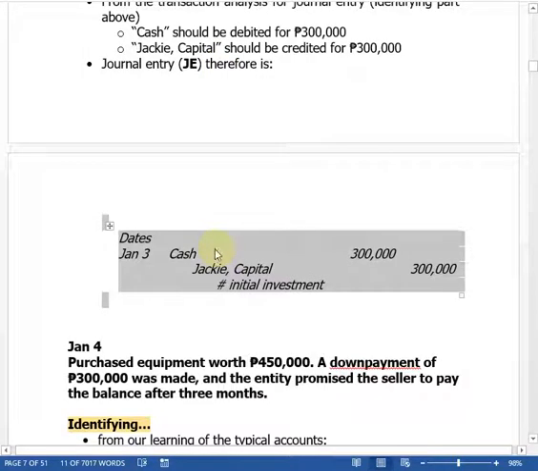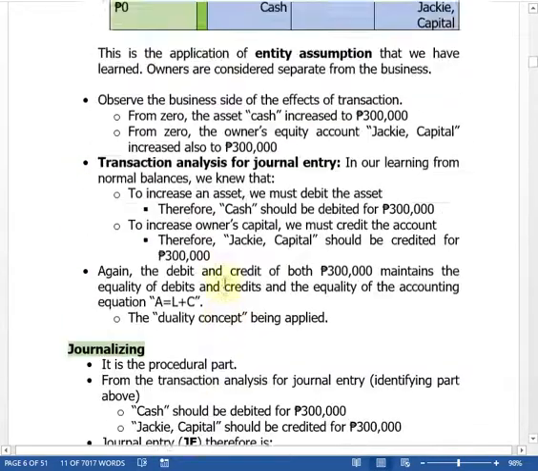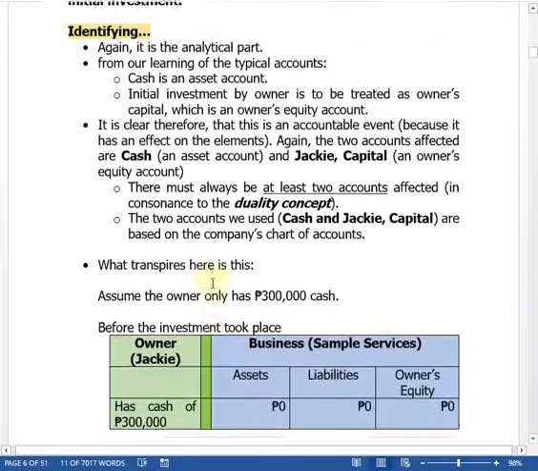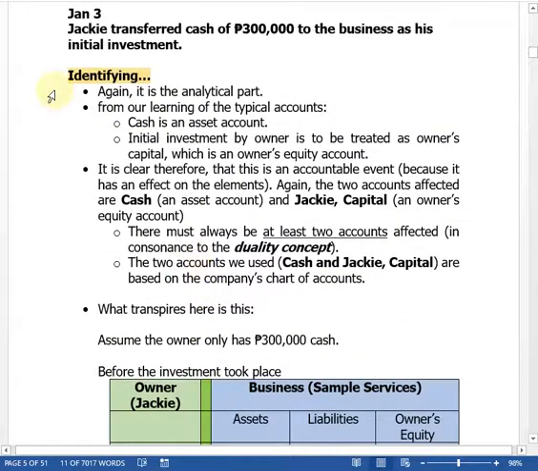Okay, so again, we simply have the steps, just review. One, identify. We do the analytical part. Identify what, if any, are the elements affected. If there are at least two accounts affected, meaning there are elements in the FS that are affected, then that is an accountable event.